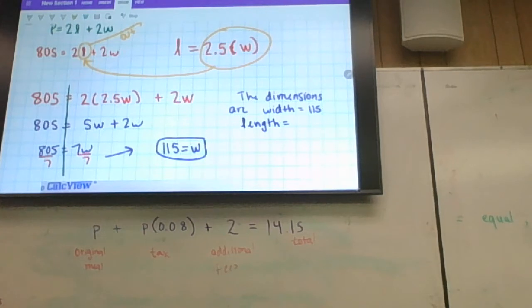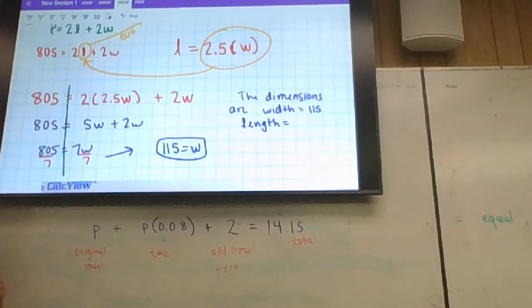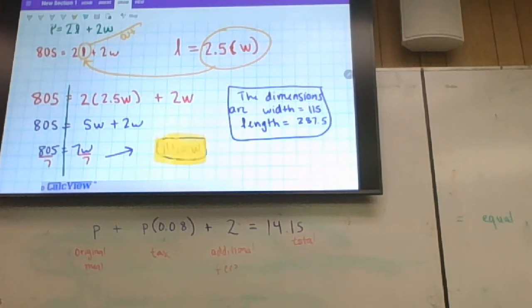This is what I couldn't finish yesterday, I don't think. If the width is 115, what then is the length? Has anybody found the length yet? Yes, Deb? You're going to take this 115 and you're going to put it right there.